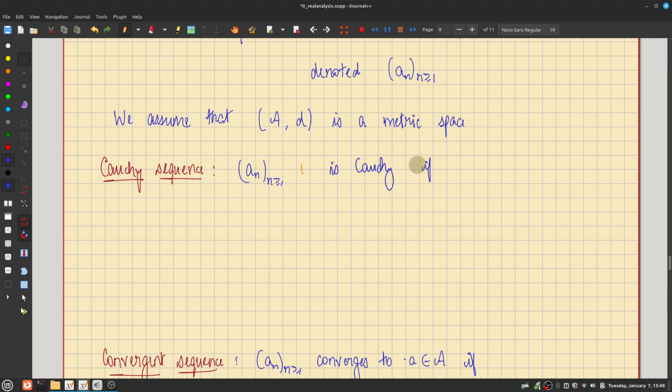So formally, it's Cauchy if for every epsilon greater than 0, there exists some positive integer n such that you take any two elements beyond n, they're at a distance of less than or equal to epsilon.